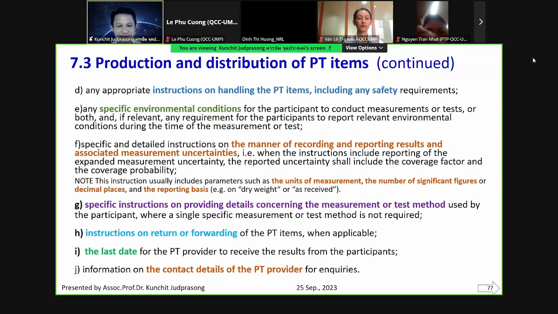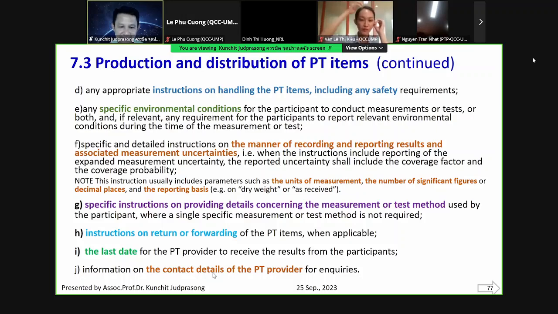So if you have the system, it's good to have a reminder of the last date, not only in the instruction. Because sometimes we participate in many PT programs, so each will have different documents, but from the email, I think it's much more efficient in terms of reporting.